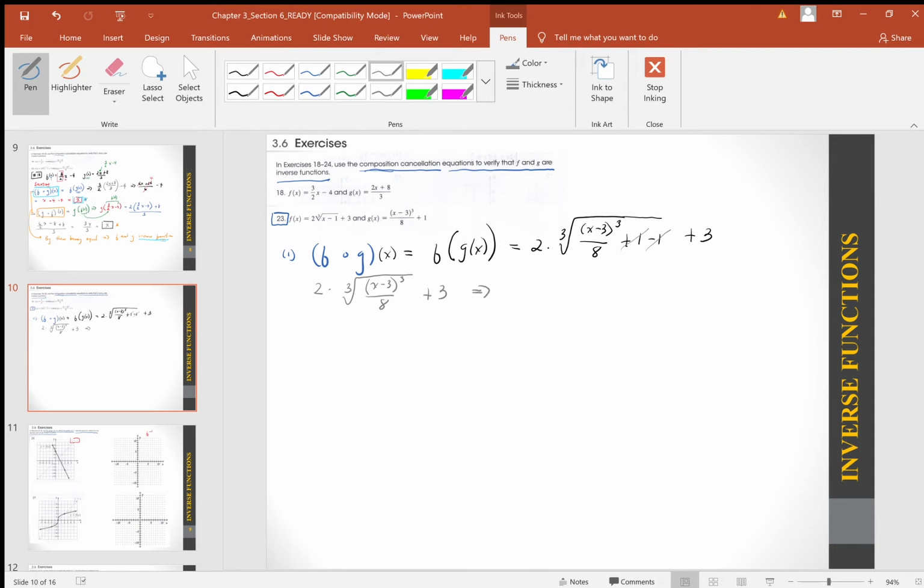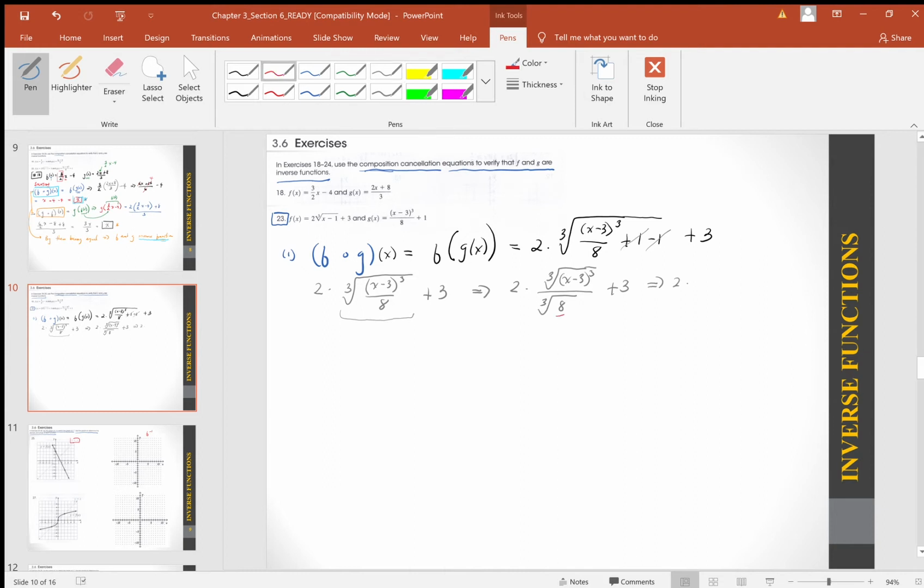Take it a step further. I'm going to break this portion up here, and then I'm going to say the cube root of x minus 3 cubed divided by the cube root of 8 plus 3. Okay, and then when you do that, what you're going to get is 2 times this.